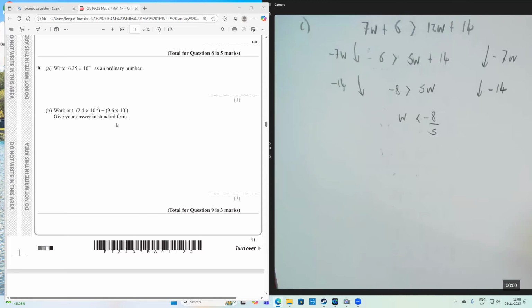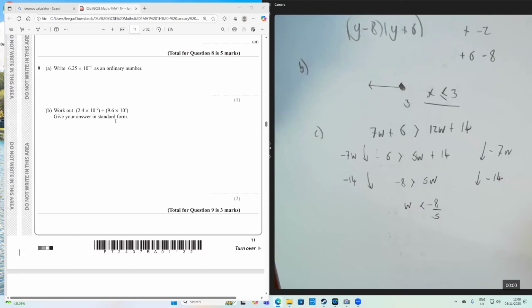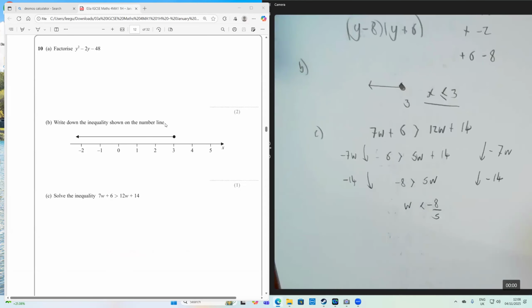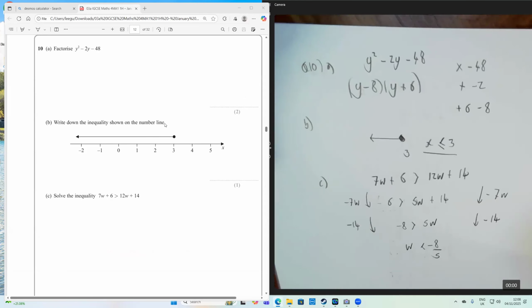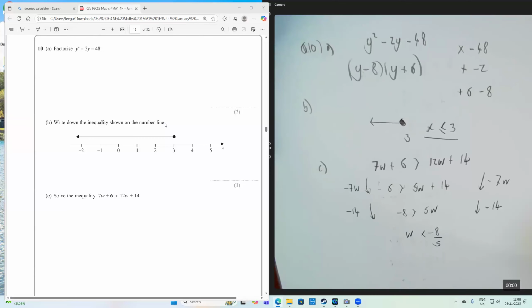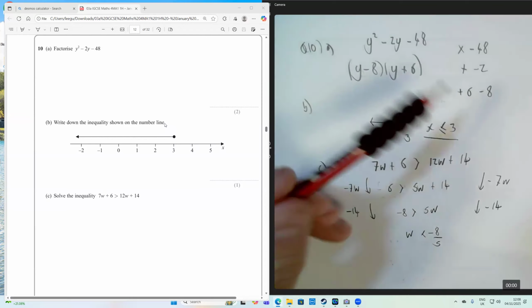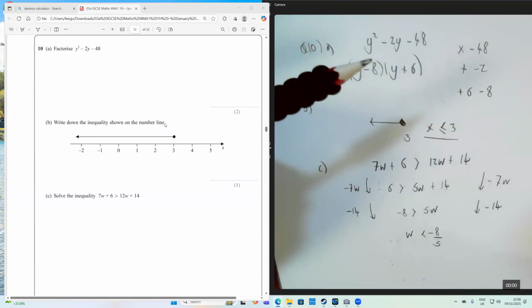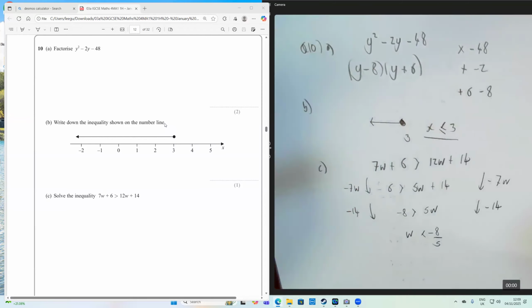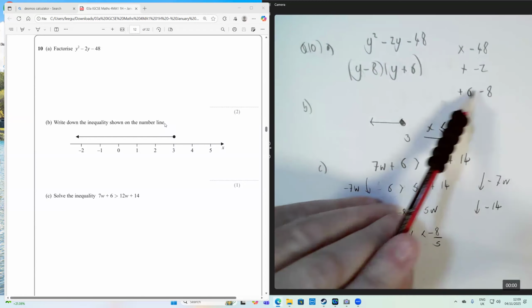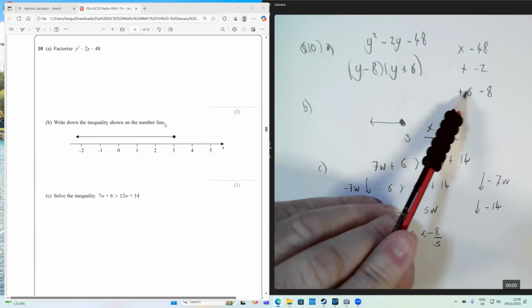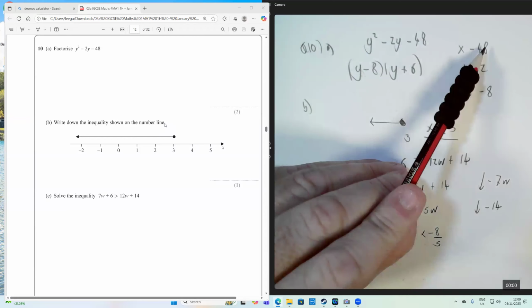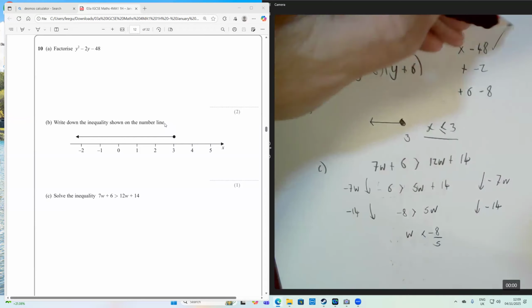Okay, now it is time for question 10. Factorise y squared minus 2y minus 48. So we're looking for two numbers that multiply together to make minus 48, but add together to make minus 2. So let's have a think about what that could be. We think about our factor pairs. So 6 eights are 48. So 6 times minus 8 would make minus 48.